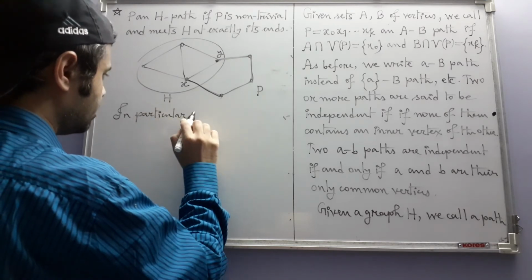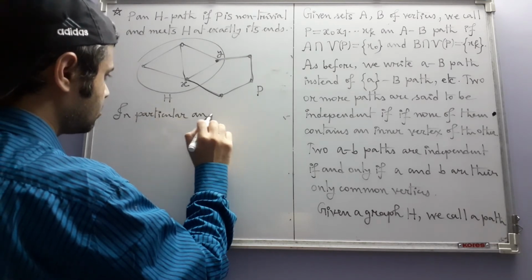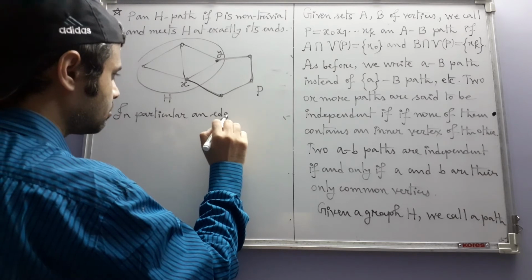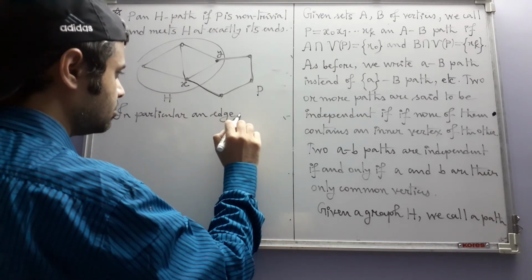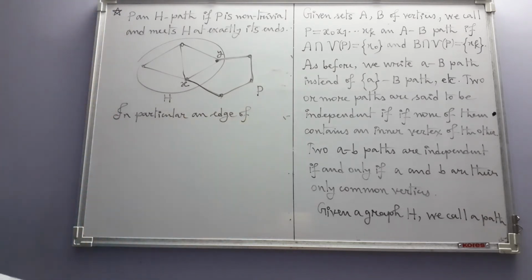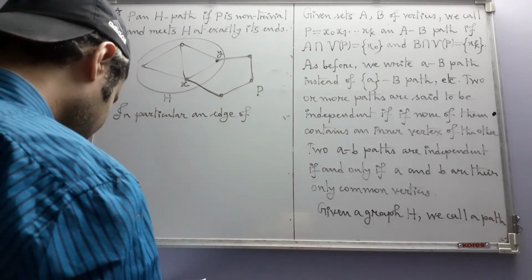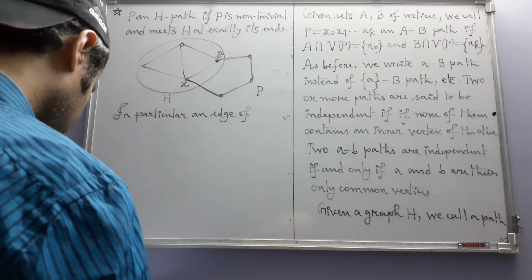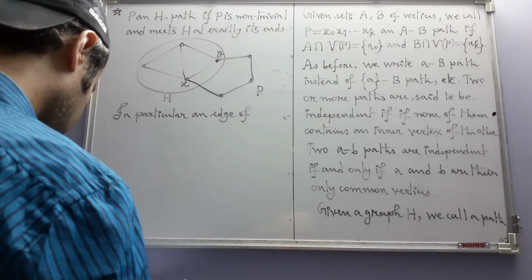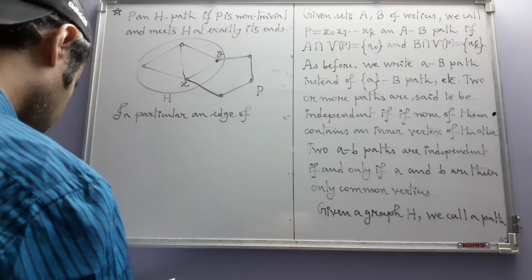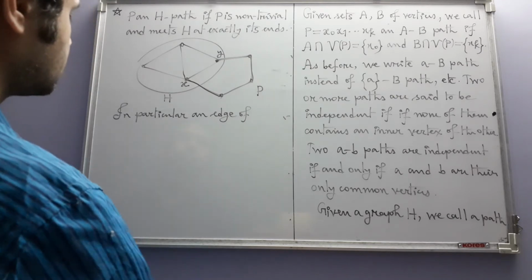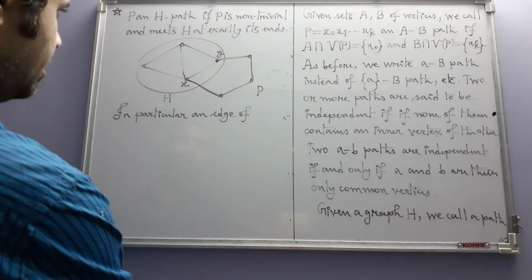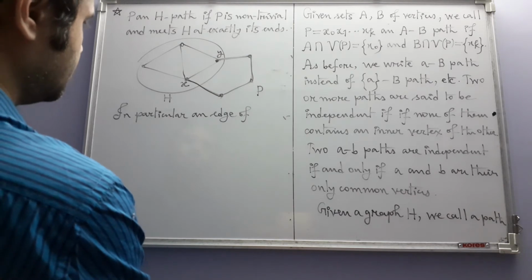In particular, an edge of... now the sentence is somewhat confusing. Why are they saying length 1?